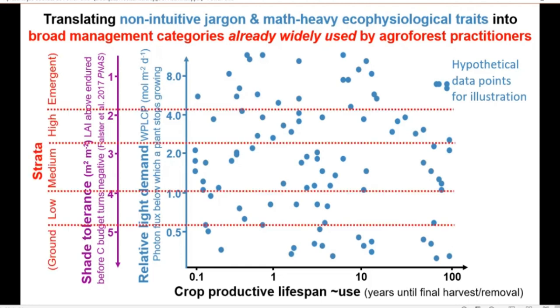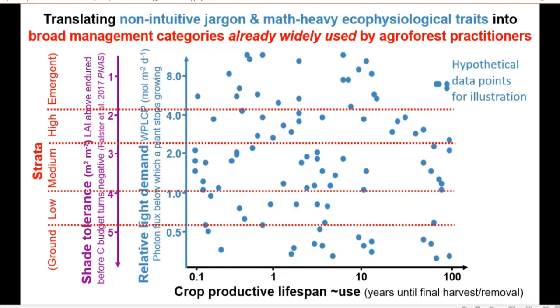So practitioners have used basically the same gradient of shade tolerance or relative light demand by classifying the relative light demand into strata. What we've seen very much in forest ecology is defined by agroforest practitioners in a similar way, but slightly different.